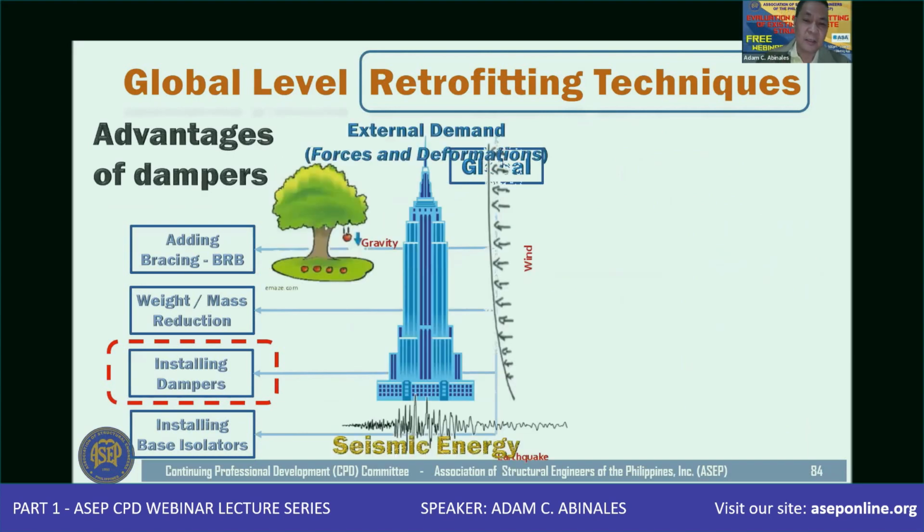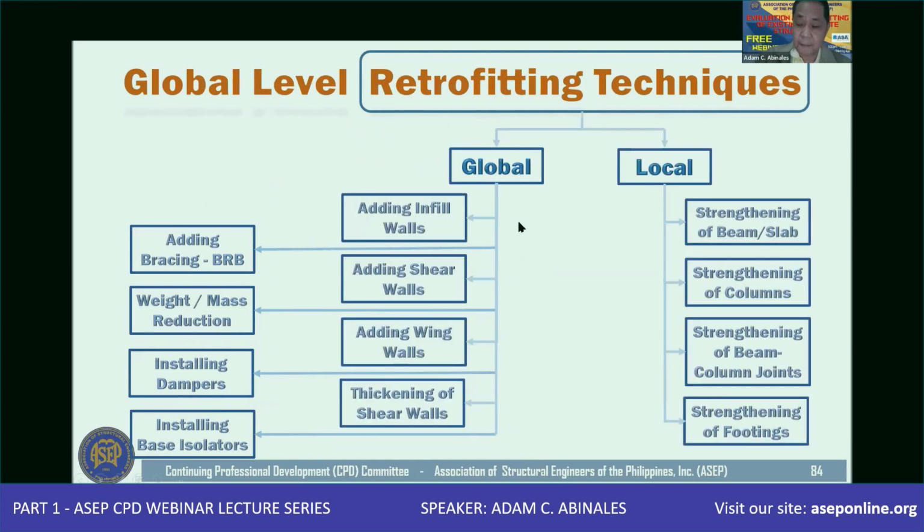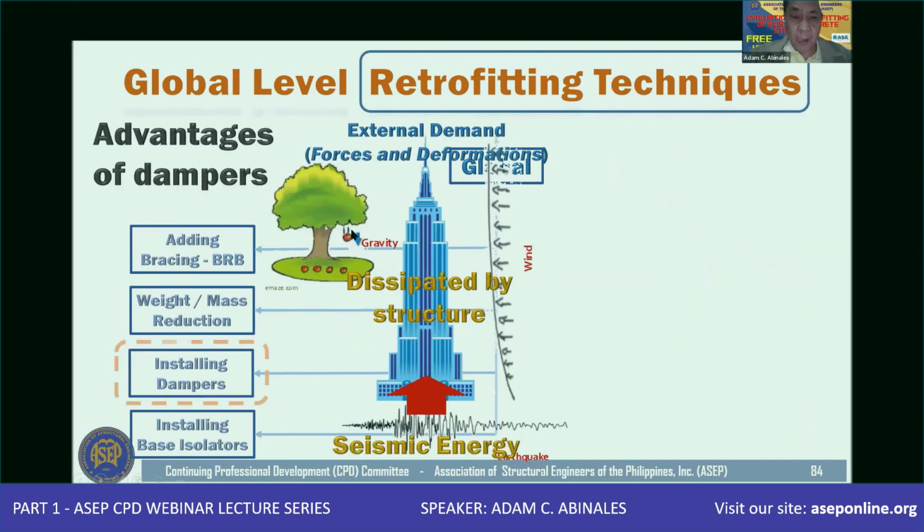So again, let me go back to the figure presented a while ago. You have this building, and then you have these loadings, the wind and the ground shaking, and then you have the seismic energy which is being transferred to the structure. But because of the inherent damping characteristic of the building, based on the proportion of the elements, the energy would be dissipated by the structure to a certain amount.